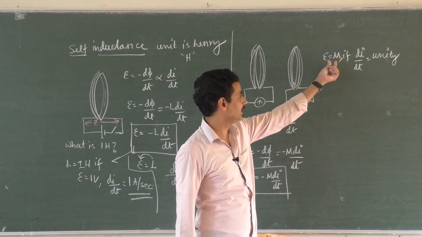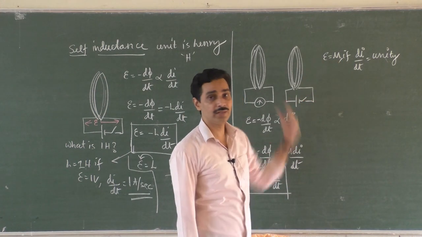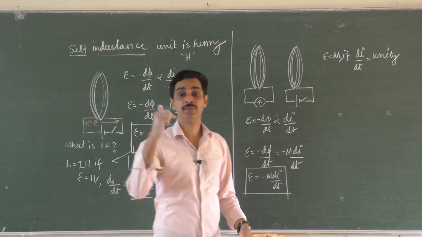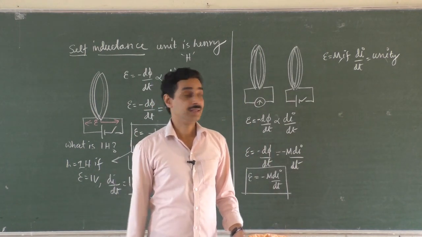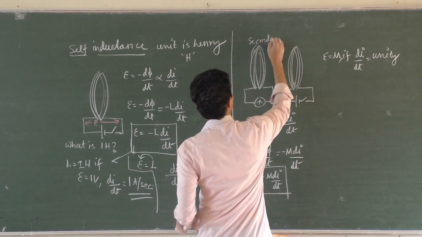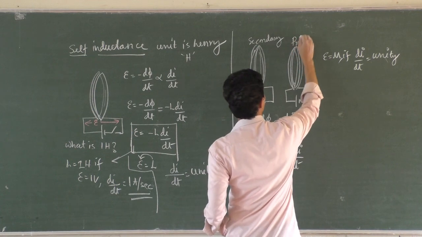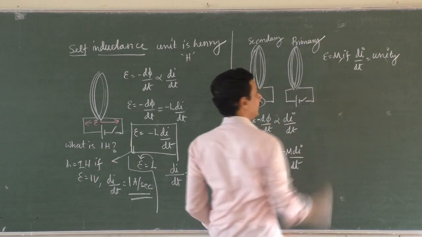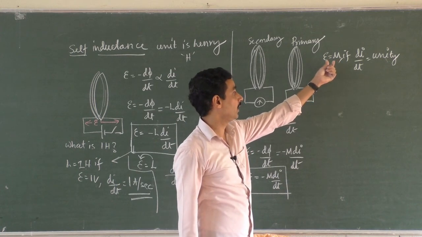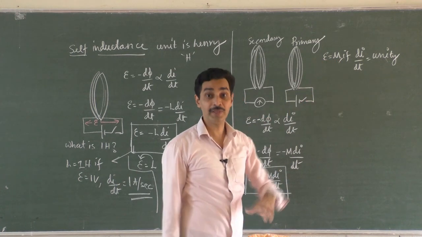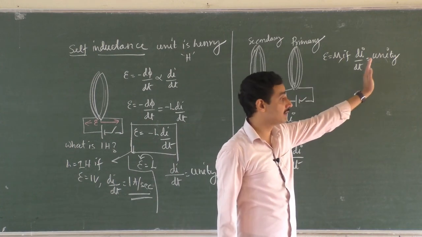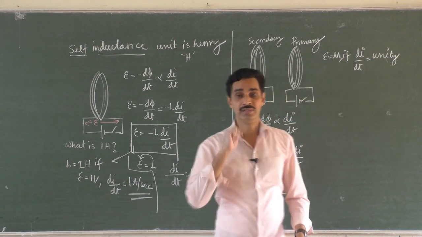Define mutual inductance between a pair of coils. Mutual inductance between a pair of coils is numerically equal to the EMF induced in the secondary coil, when the rate of change of current in the primary coil is unity.